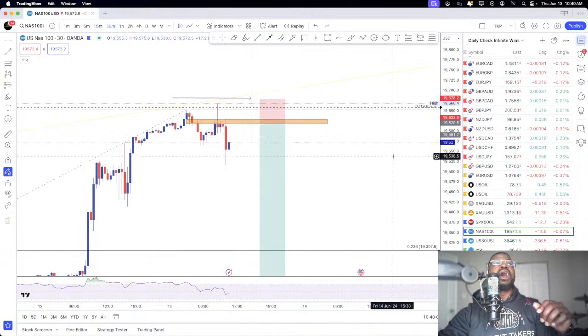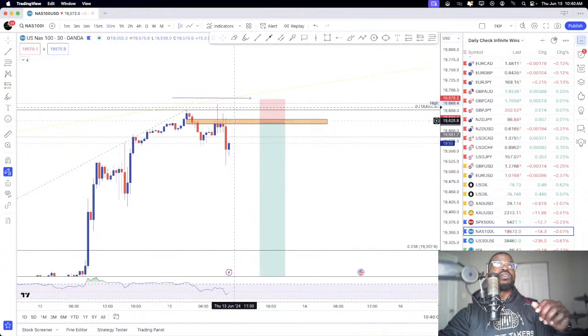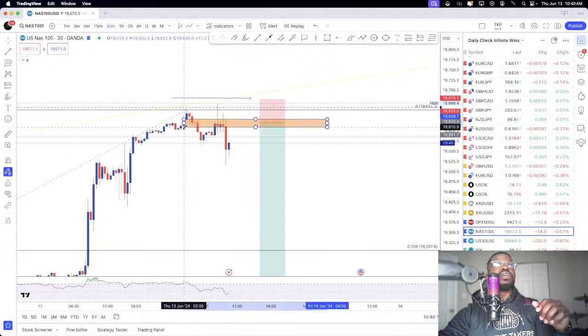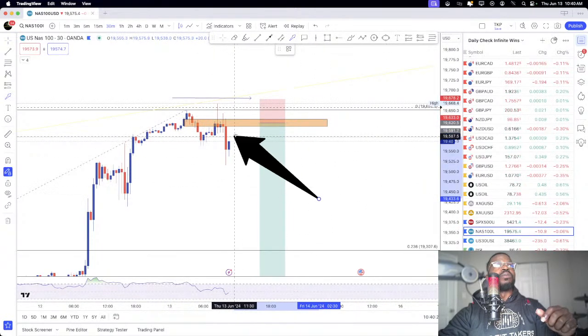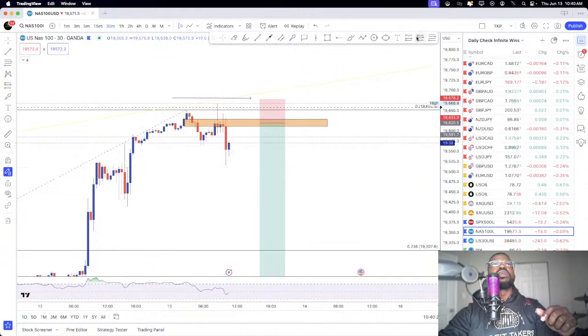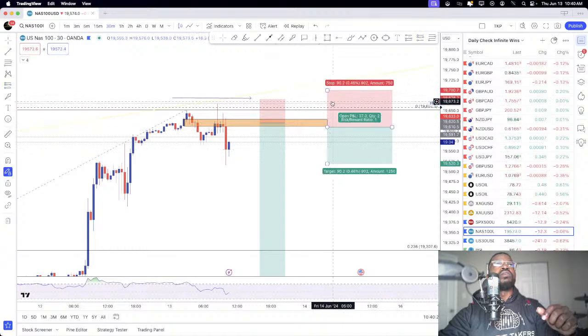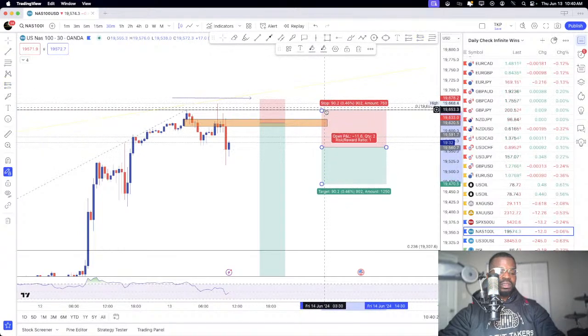So I really want to add another position on this trade since it played out so wonderfully. And what we'll do, I'll make this area right here the area for my next entry. And my stop loss will be above this high here.